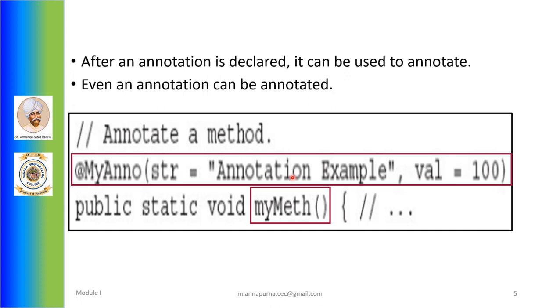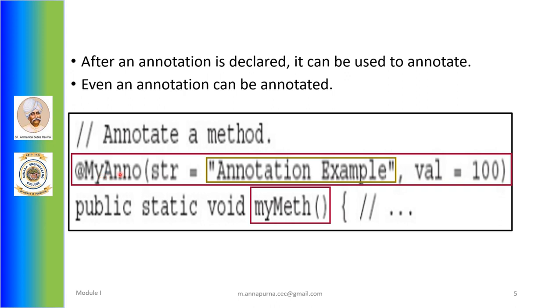To give values to members, that member's name is assigned a value. So if we see in this example, the string "Annotation Example" is being assigned to the str member, and an integer value 100 is assigned to the val member of MyAnno respectively.